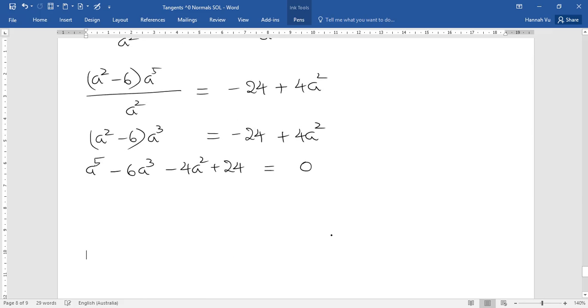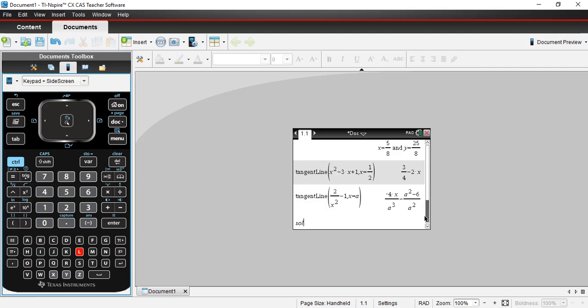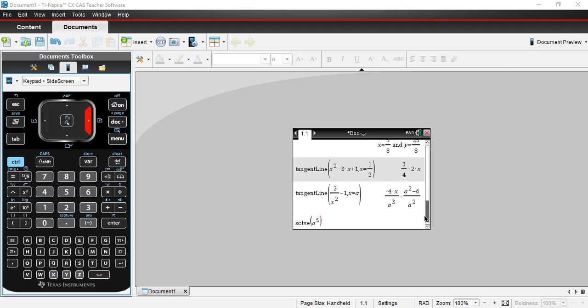I do not like this. I don't think 1 will work. 2. You know what? I think this is the point when we use the CAS. You might get this in the non-CAS exam though, but I think a power of 5 is a little bit too much for year 11 to do by hand. Where did my equation go?